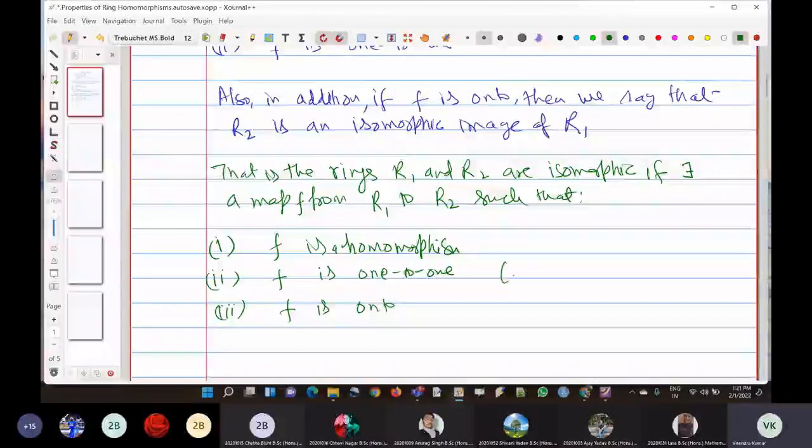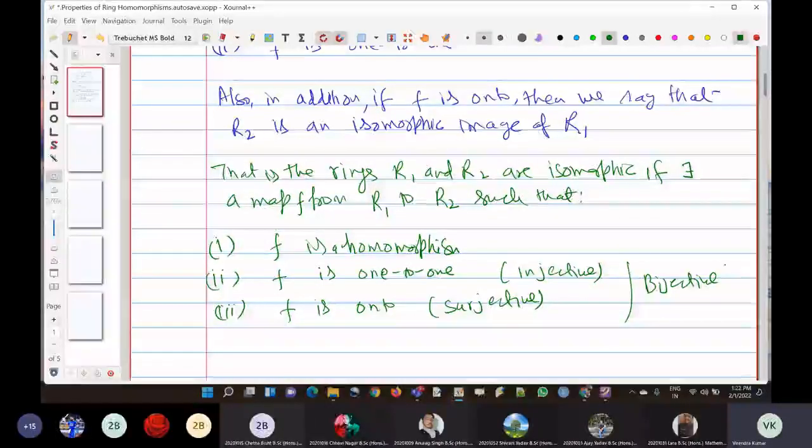Sometimes one-one is called injective, and onto is called surjective.